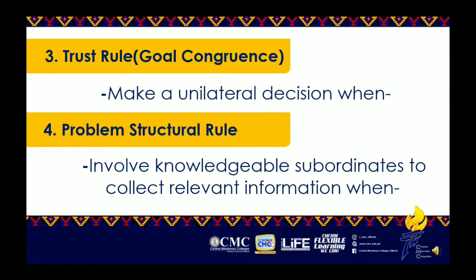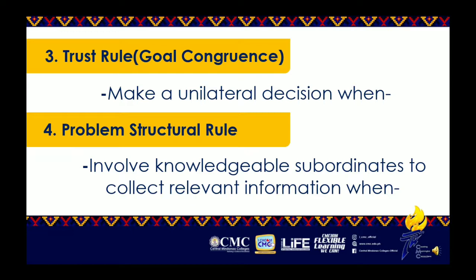Next is the trust rule or goal congruence. Don't make a unilateral decision when the quality of the decision is important and you can't trust subordinates to decide on the basis of the organizational goals. So this applies if nobody from the group is trustworthy when it comes to decision making.